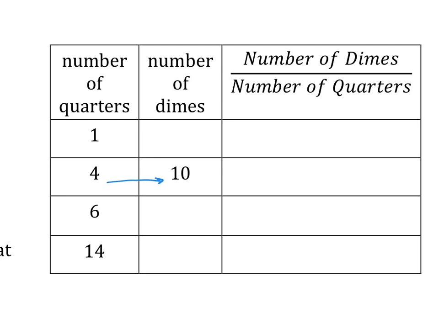We need to set up a ratio of the number of dimes to the number of quarters. So I'm going to do 10 over 4. That ratio can simplify to 5 over 2, and as a decimal, 5 over 2 is equal to 2.5. So I'm going to multiply 4 by 2.5 to get 10.